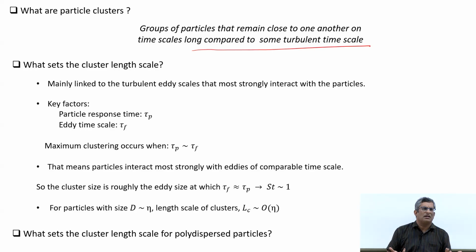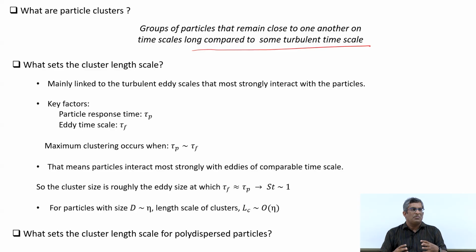So, why is this a concern? This is a concern when the particles come together and stay for a time scale which is comparable to the turbulent time scale, or in other words the large ED time scale.